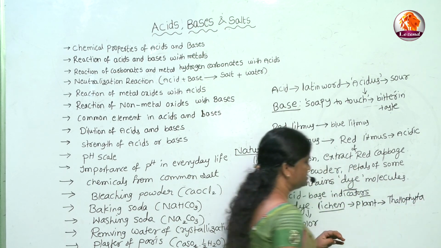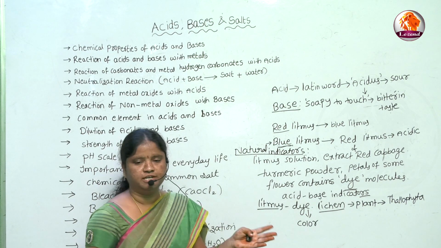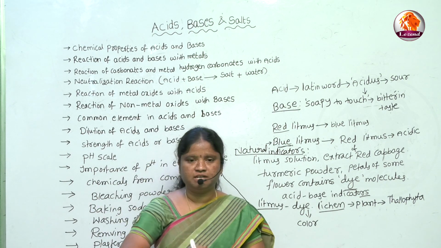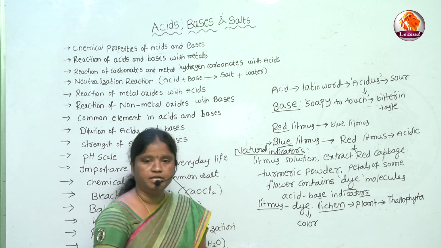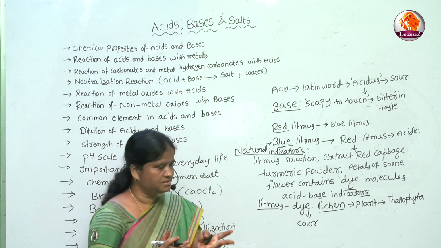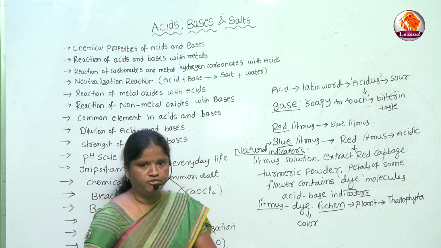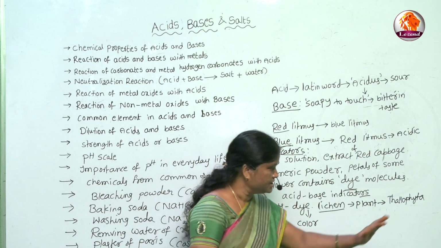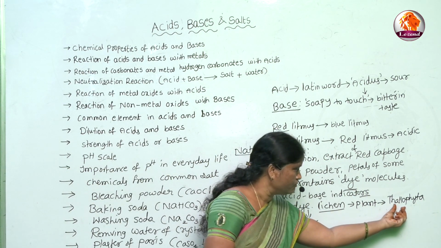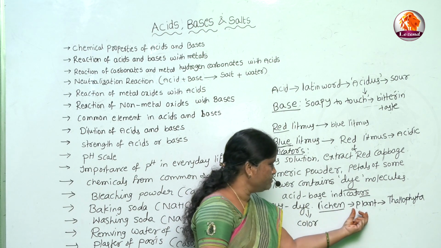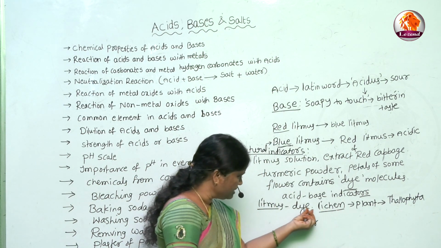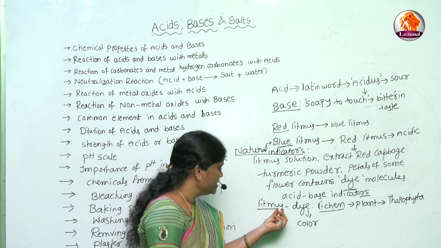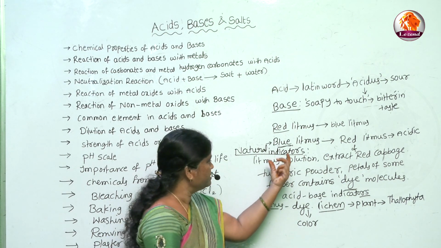We have flowering plants and non-flowering plants, and in non-flowering plants again the classification: Thallophyta, Pteridophyta, Bryophyta. The lichen plant belongs to the Thallophyta category. From the lichen plant we can collect the dye, and that dye is used in litmus paper and litmus solution.